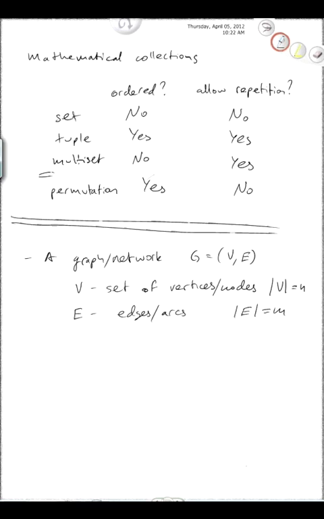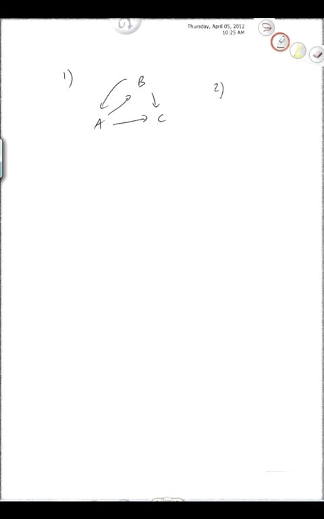So let's draw a couple of example graphs that we can refer back to as we're learning how to talk about graphs. Here are four examples. Example one has these three vertices and some edges. Example two has again three vertices and some edges.